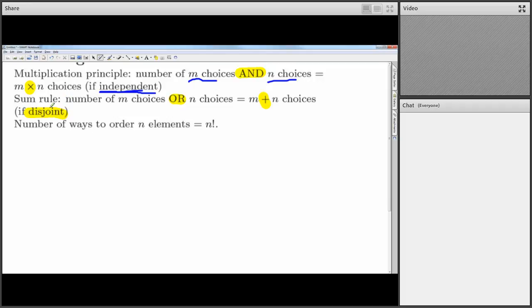The last special case is if you've got n elements and you want to order all n of them. Then there's a formula called n factorial that allows you to do that. Effectively, that's a button on your calculator. So 3 factorial would be 6, for example. That's the general theory.